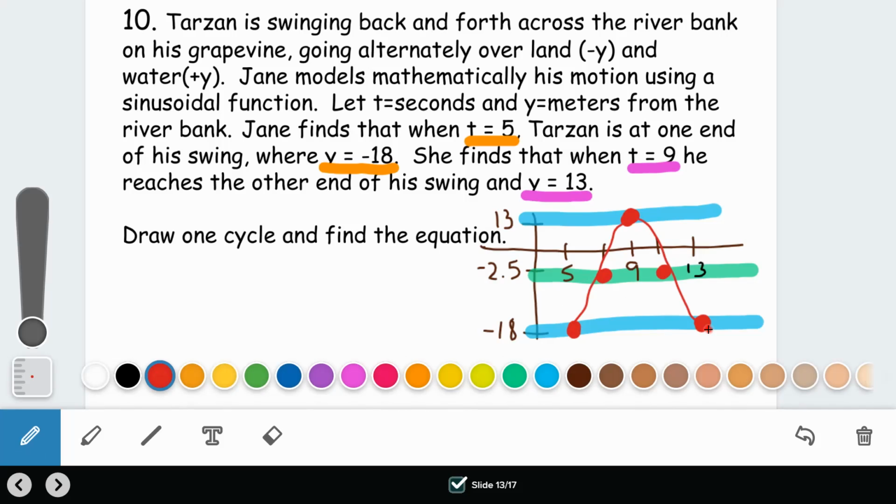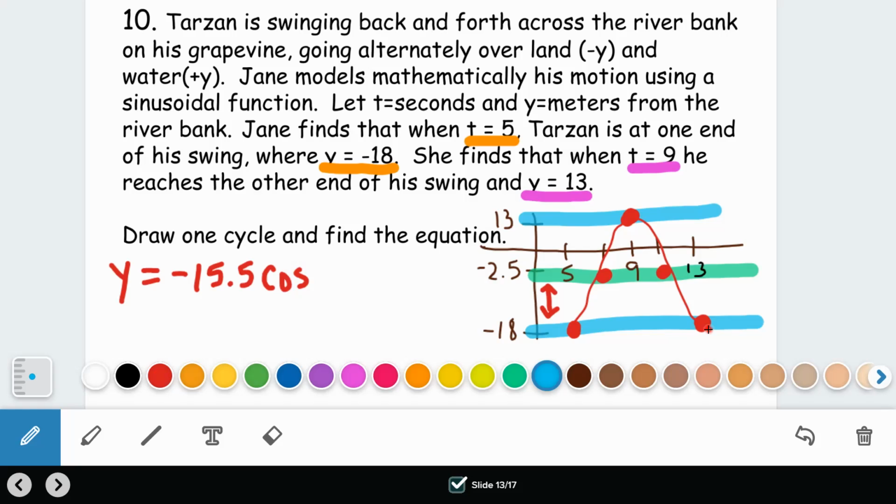So our equation for this, it's a little bigger, is going to be y equal negative cosine. The distance from here to here is going to be a negative 15.5. So it's going to be a negative 15.5 cosine. My b is going to be determined by figuring out my slope. I mean, not my slope, sorry, my period.